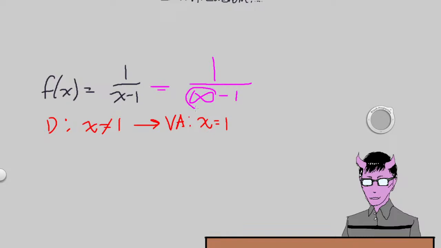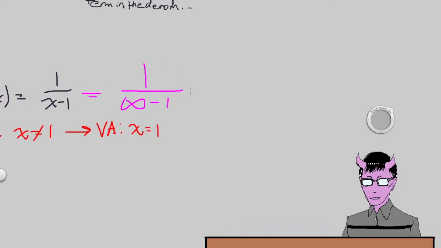If you have an absurdly huge number and you subtract 1, the whole thing is still an absurdly huge number. So you're still dividing 1 by an absurdly huge number. Even if you've subtracted 1, it's still absurdly huge. So 1 divided by absurdly huge is approximately 0. But this is still a positive number, and that's still a positive number. So you get almost 0, but it's still positive.